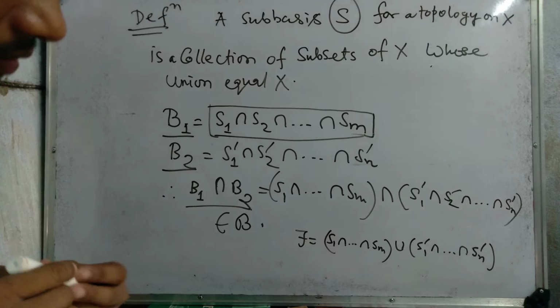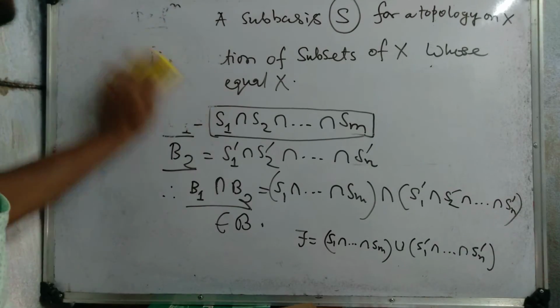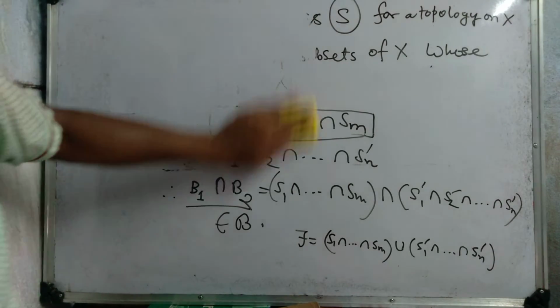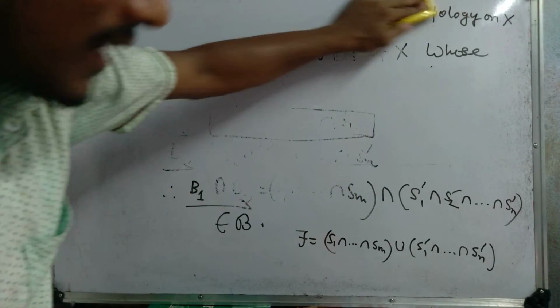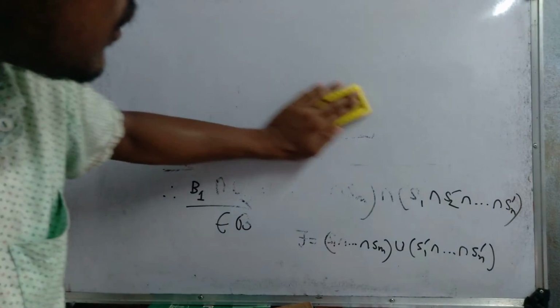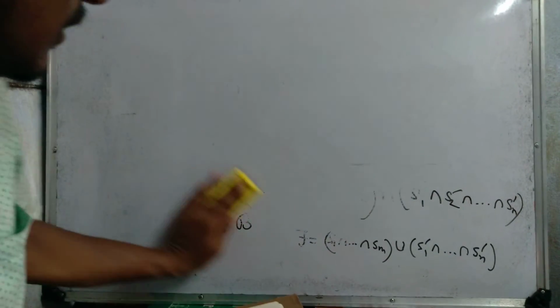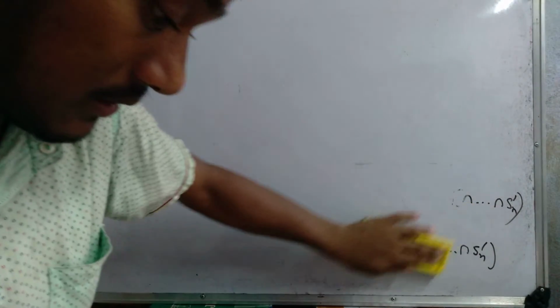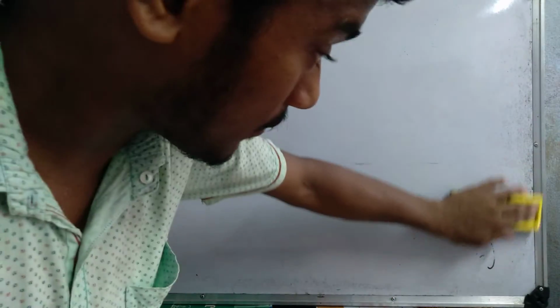Now we have two interesting topics. One is that the intersection of arbitrary topologies is a topology, but the union of arbitrary topologies is not a topology.